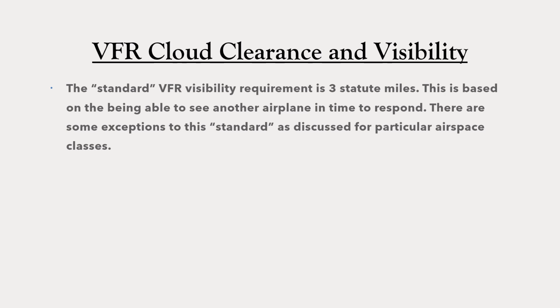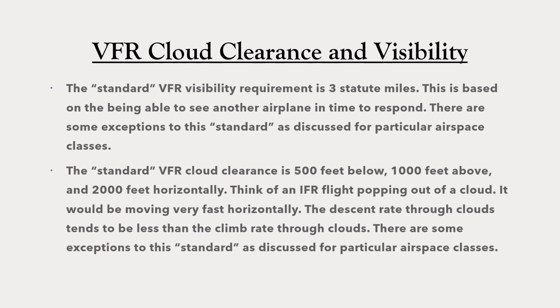That's based on trying to give you enough time to see and avoid somebody. There are exceptions to this standard rule for particular airspace classes, but to me it's a lot easier to remember the standard rule and remember the reasons for the exceptions so that you'll be able to remember what the rules are in different types of airspace.